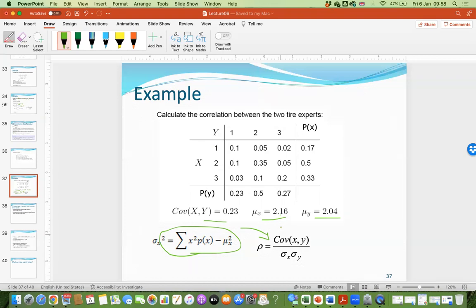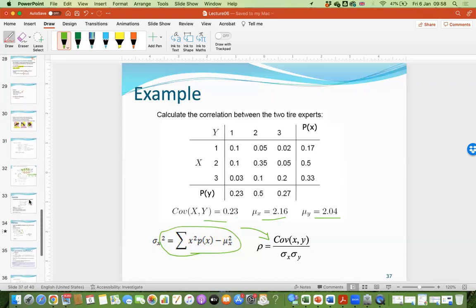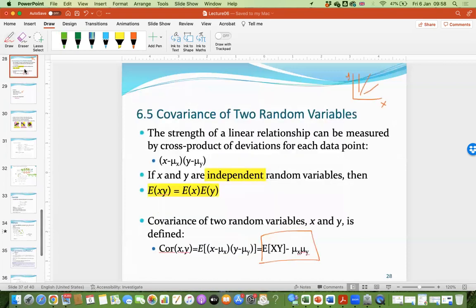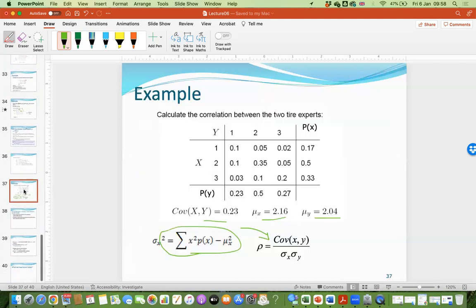Right? So like covariance, what is the equation of covariance? We go back to the covariance. The covariance is the mean of xy minus the mean of x times the mean of y. That makes sense. We have the mean x and mean y, so we need to find the mean xy.